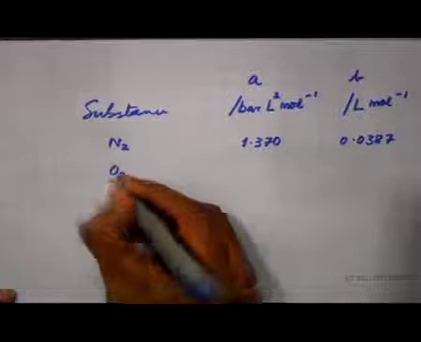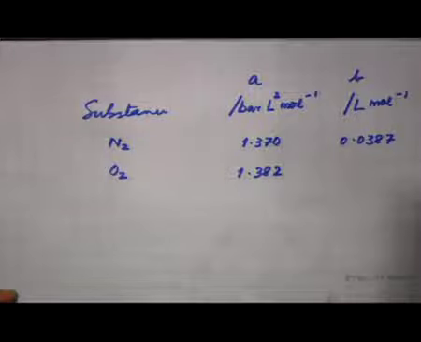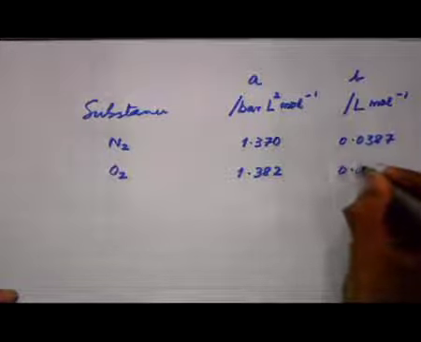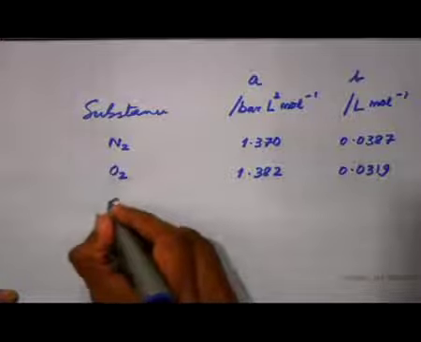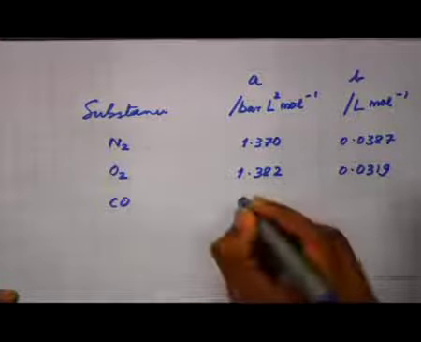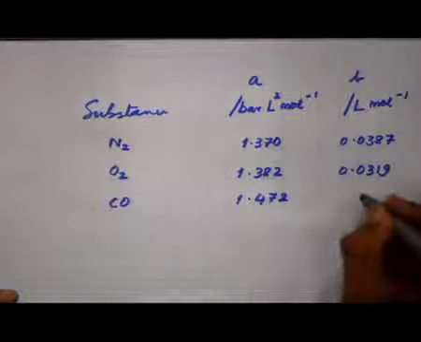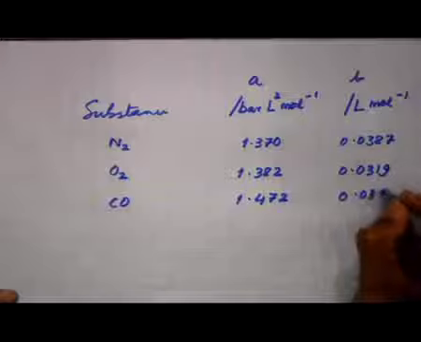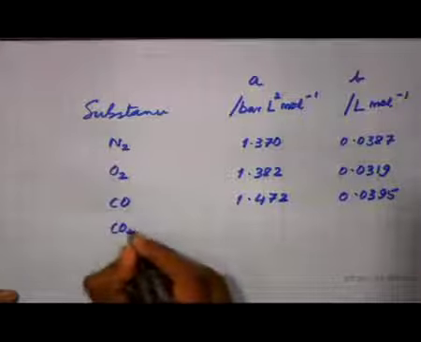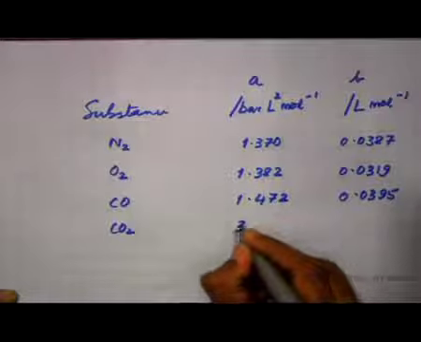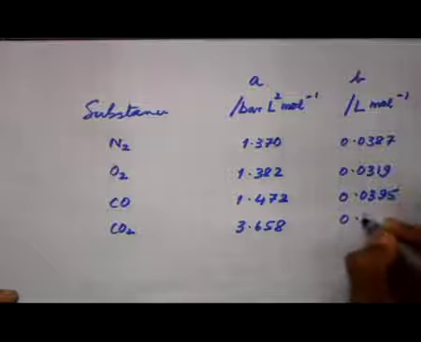If you looked at oxygen, it will be 1.382 and 0.0319. If you look at carbon monoxide, it is 1.472, 0.0395, and with carbon dioxide it is 3.658 and 0.0429.